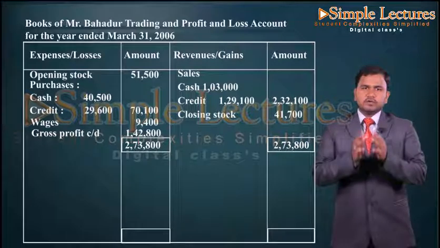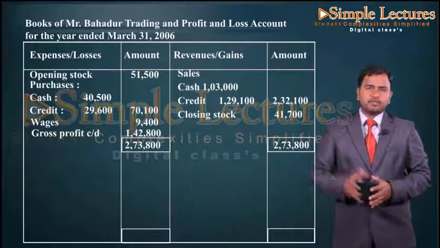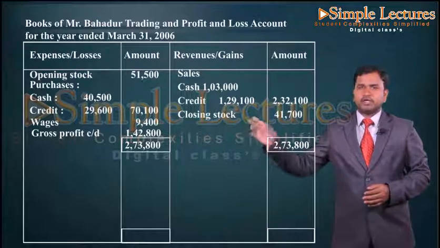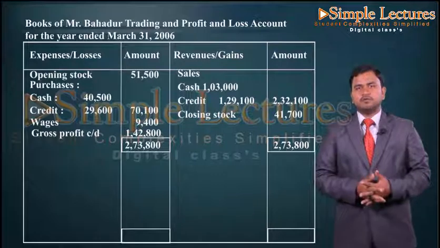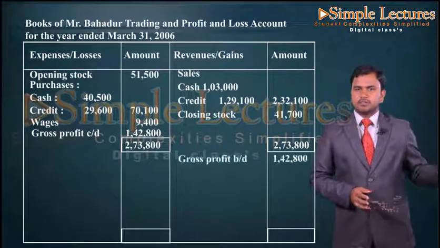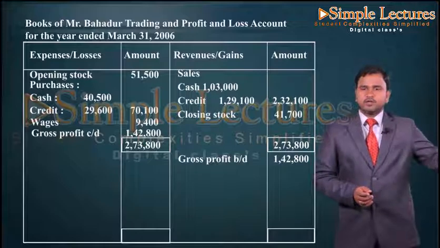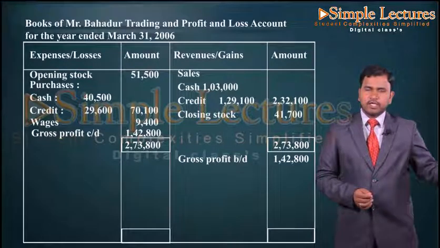So now to continue with the profit and loss account, what gross profit we have in the debit side of trading account has to be brought down in the credit side, so that we'll continue with the profit and loss account. So coming to the credit side, gross profit brought down 1,42,800. So here we have income again in the credit side.